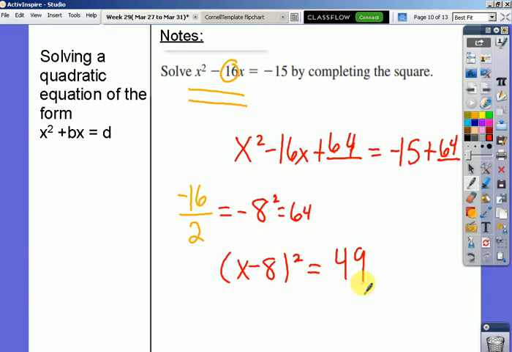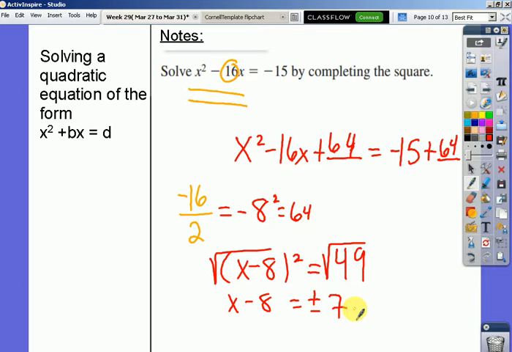How do I solve something like this? Yeah, I could square root it. What happens when I introduce a square root? Is it just 7 or is it plus or minus 7? Okay. So what am I doing? I'm completing the square. I'm doing what I did in the bell work, then I'm factoring it, and I'm actually solving it by, so yeah, more steps.